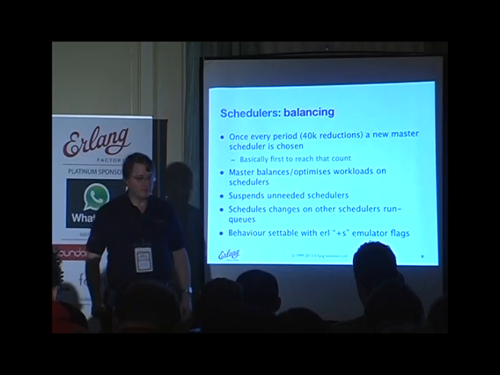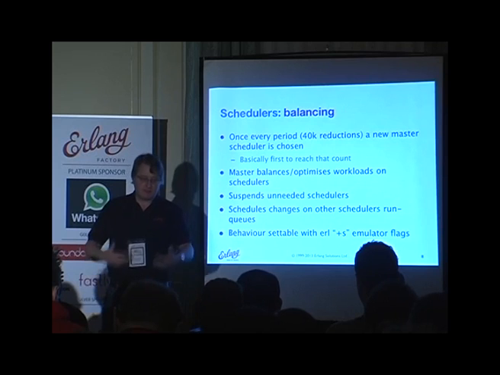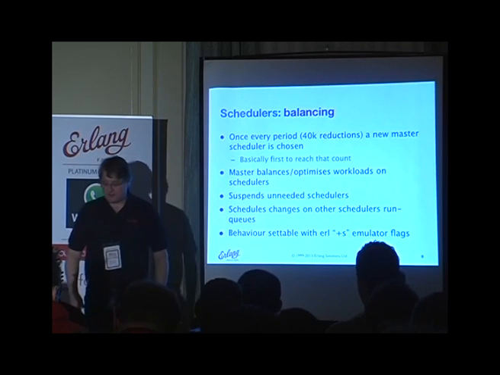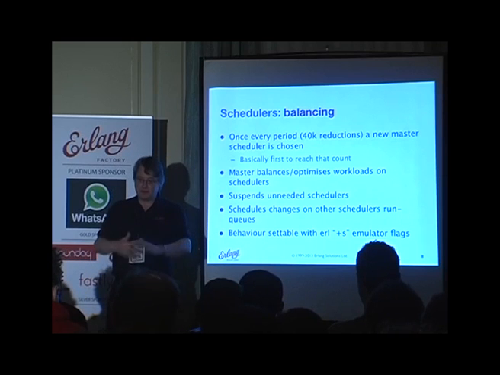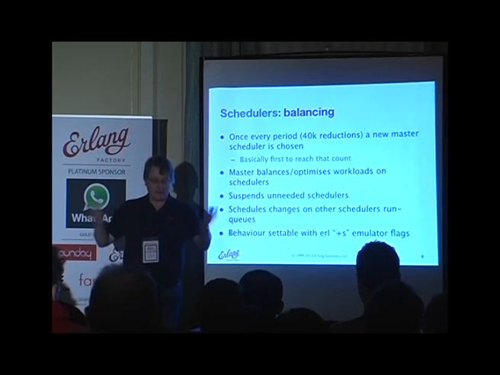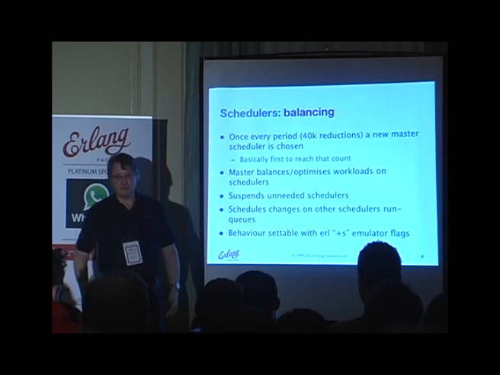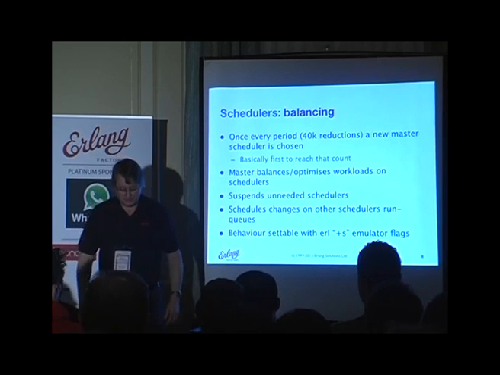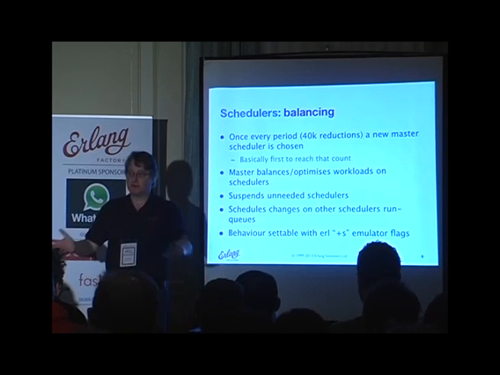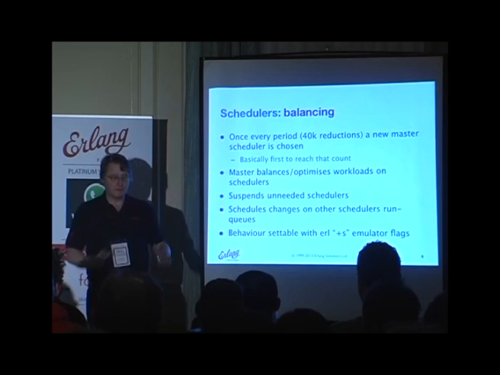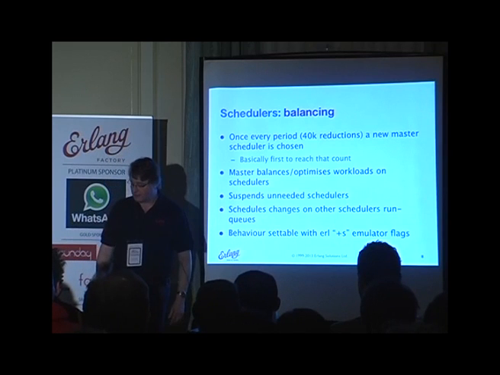It works through the run queue, which keeps down the need for synchronization between the schedulers. And then when the master's done balancing, it goes back to being a normal scheduler, and you keep on going until the next time someone hits this limit and takes over the work of being a master scheduler. So this master will move around. Not one scheduler is defined as being the master.